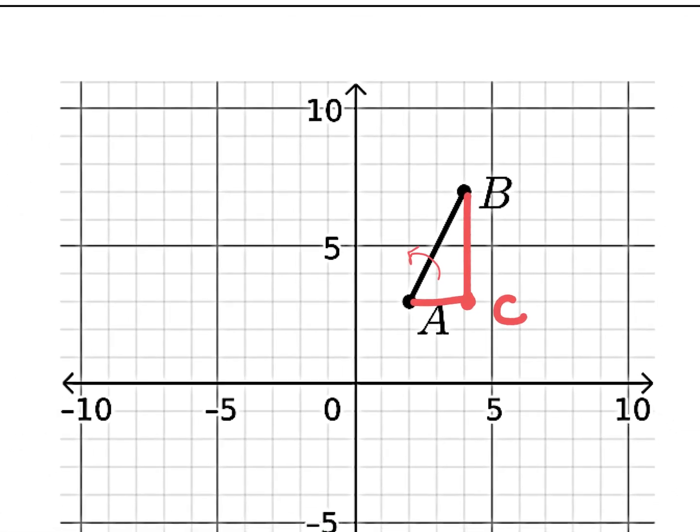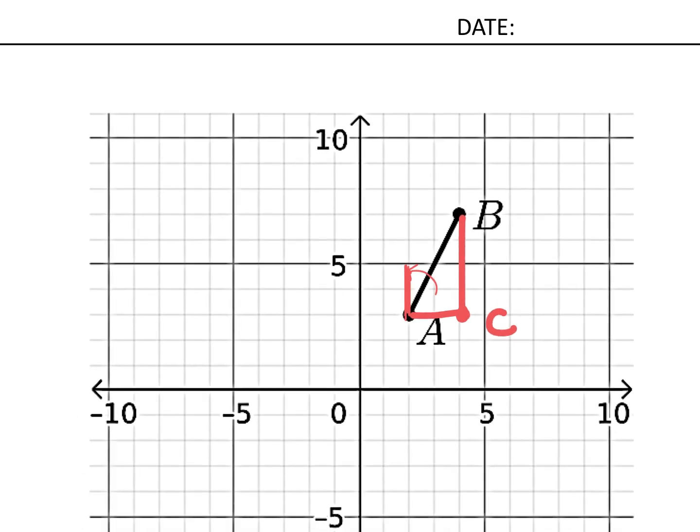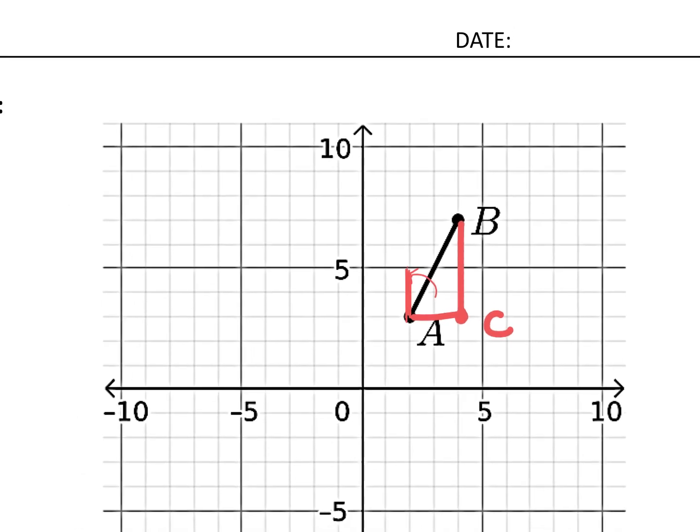So if line AC is 2 boxes long and it's horizontal, in order to rotate it around A 90 degrees, it's actually going to be 2 boxes long and vertical. So this is going to be our new location for C. I'm going to call it C prime.